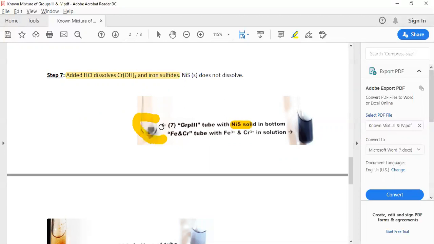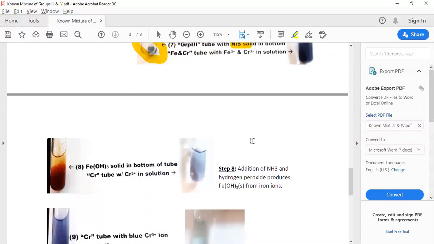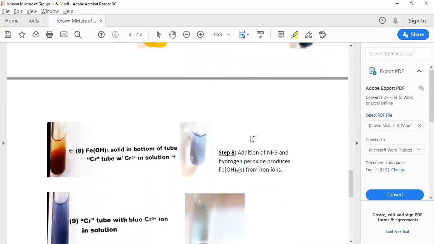It's over here. And notice that your supernatant looks a little dark, which is just residual. So you might want to filter that to make sure that you don't have any little particles of nickel sulfide still sitting in there.